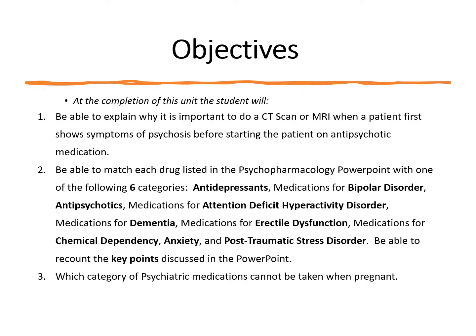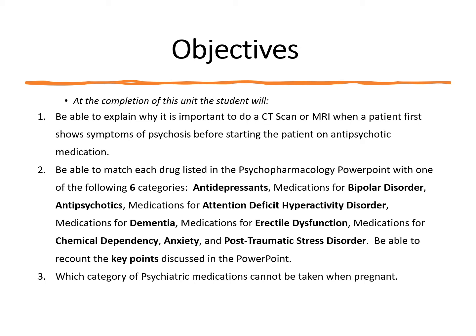All right, looking at objectives. Number one, we'll explain why it's important to do a CT scan or an MRI when a person first shows symptoms of psychosis. You do that to make sure there's not a structural problem before starting them on antipsychotic medication.